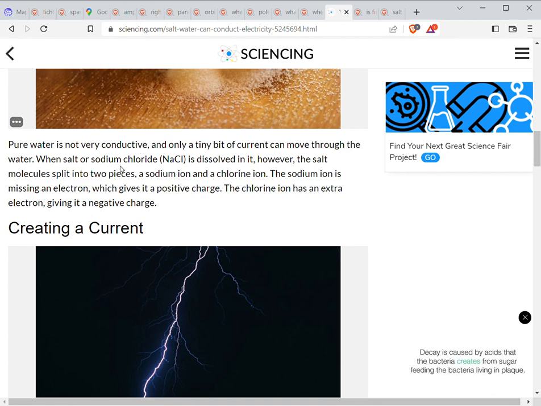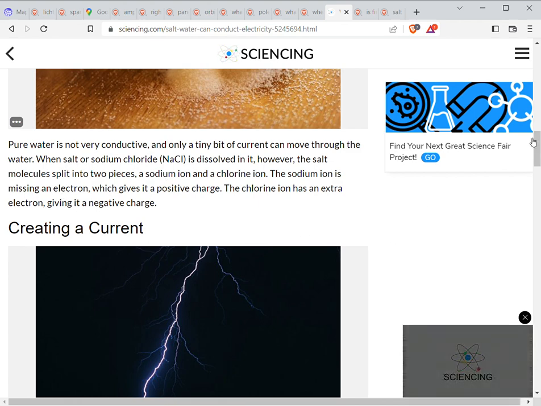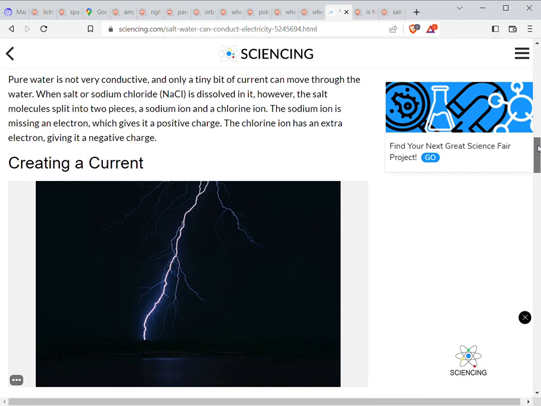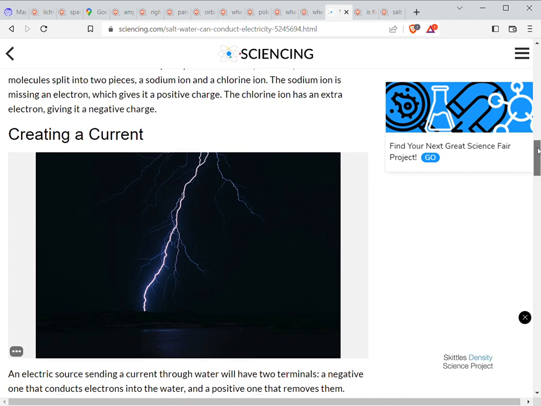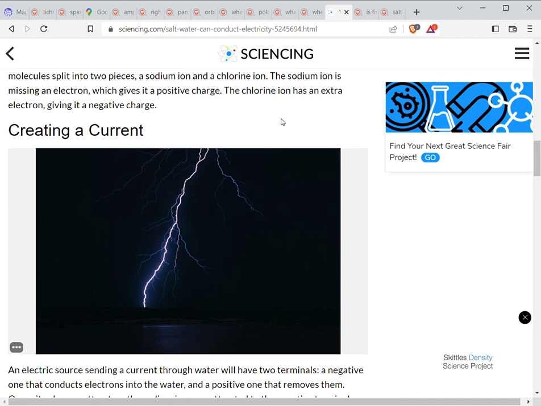But when the salt ions, or sodium chloride, is dissolved in it, however, and then it explains, you get two pieces. One of these becomes positive and the other is negative. So there's a charge separation, and electricity is the flow of charged particles.